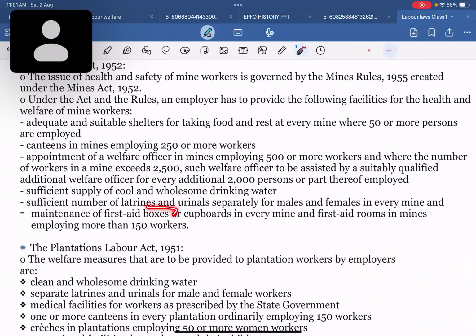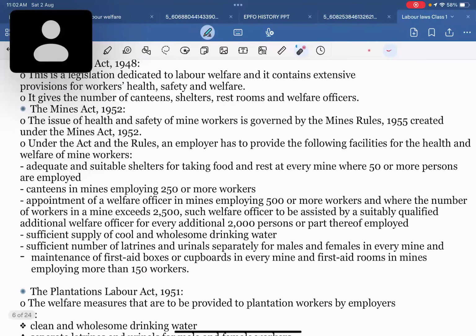Latrines means everyone knows about that, the washroom you are using. And urinals separately for males and females in every mine, and maintenance of first aid boxes or cupboards in every mine, and first aid rooms in mines employing more than 150 workers. Fine. Do not worry about that.